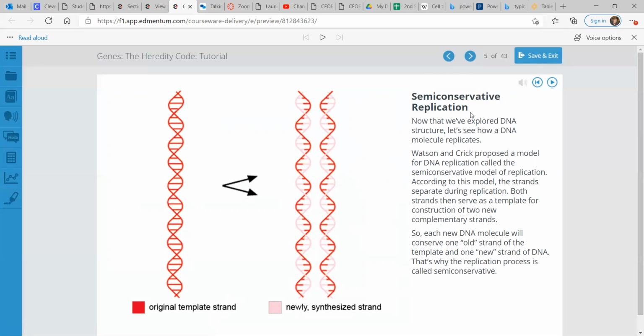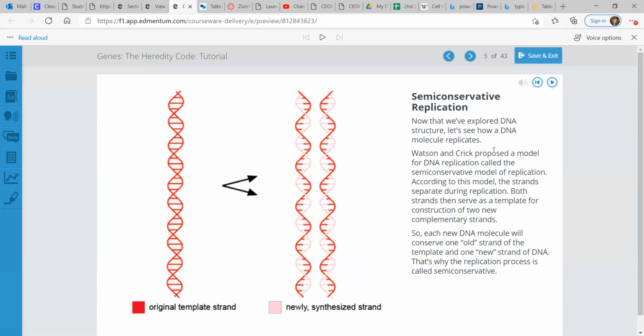Semi-conservative replication. Now that we've explored DNA structure, let's see how a DNA molecule replicates. Watson and Crick proposed a model for DNA replication called the semi-conservative model of replication. According to this model, both strands separate during replication.